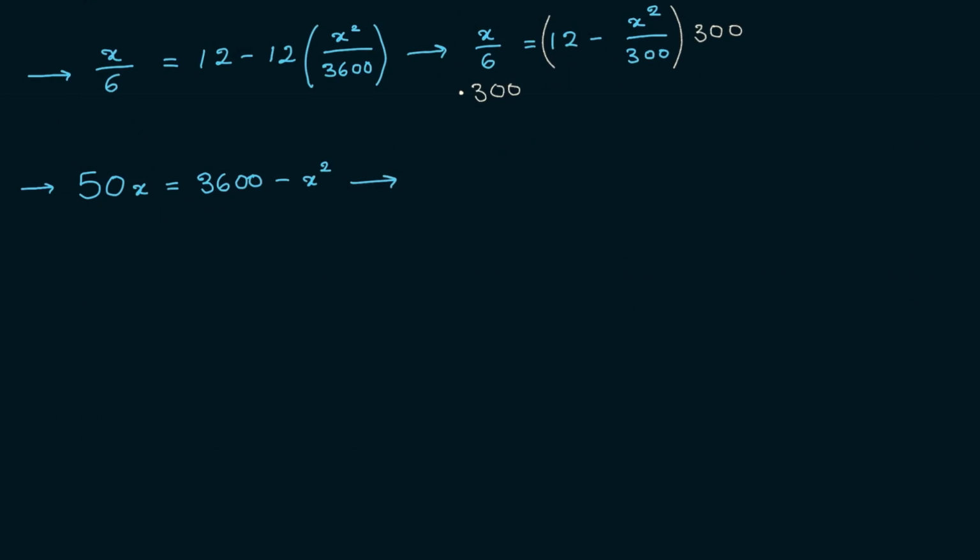And if we put this in standard quadratic form, we get x squared plus 50x minus 3,600 equals 0.